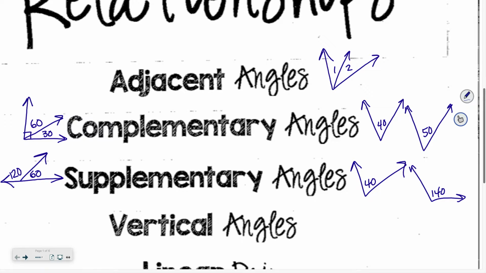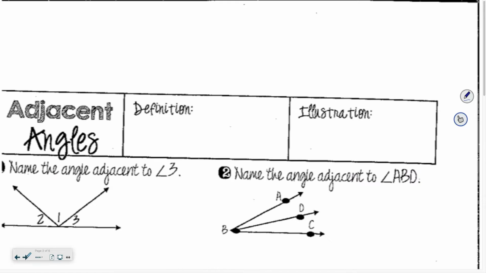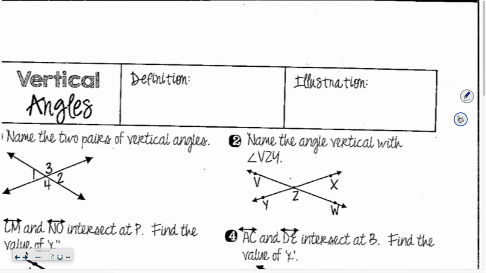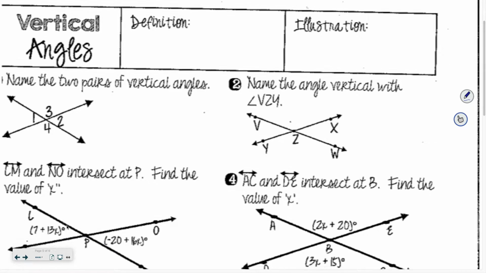All right, let's flip over to vertical angles, which is where we should have left off. Now, when we're talking about vertical angles, we are not talking about anything that has to do with horizontal and vertical lines. So don't think vertical meaning going up and down versus left to right.